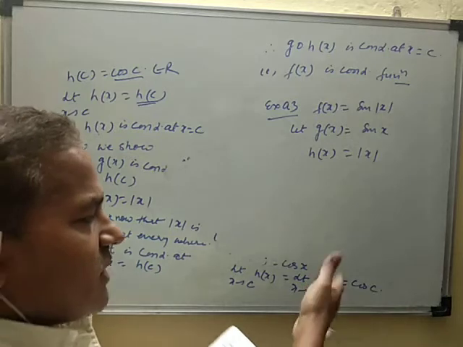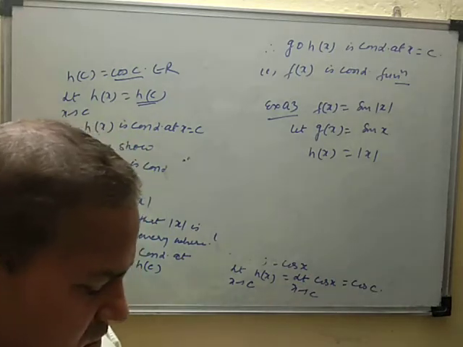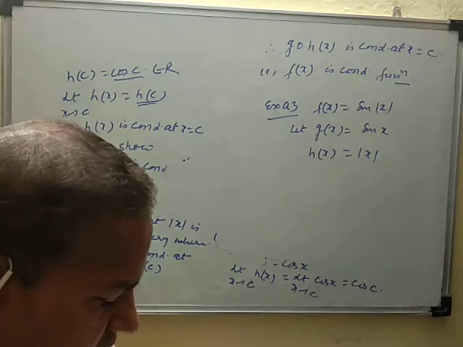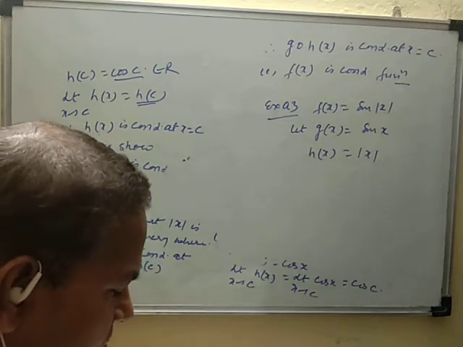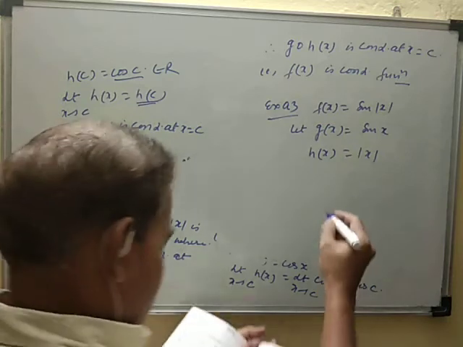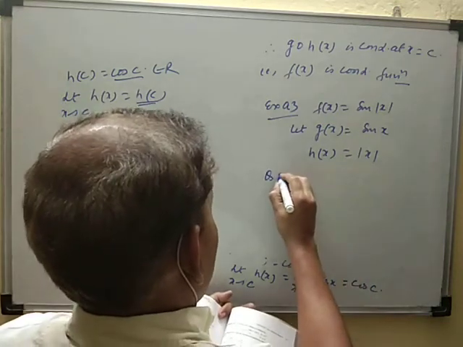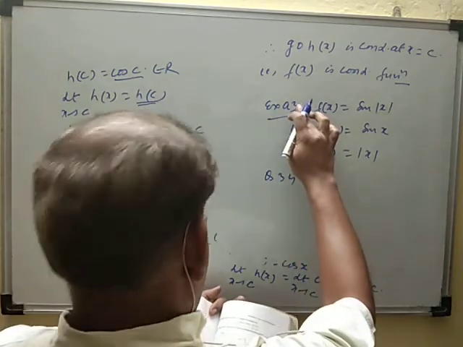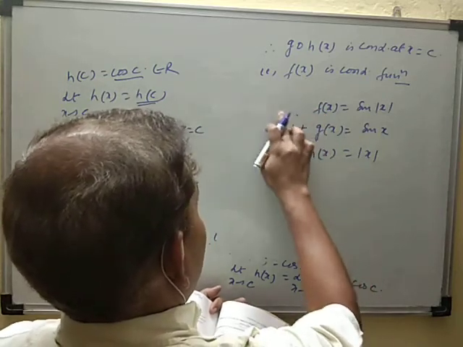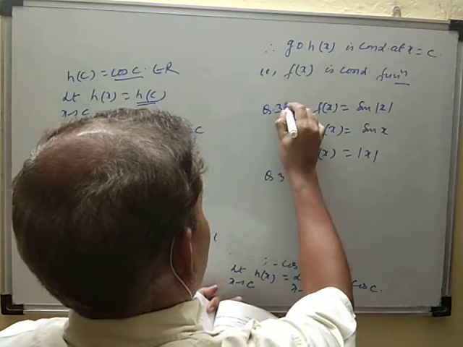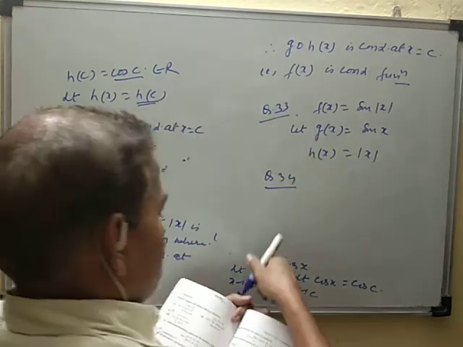You can find it the same way. And question number 34 is the same as example number 20. This is question number 33, not example. This question number 33. Question 34.